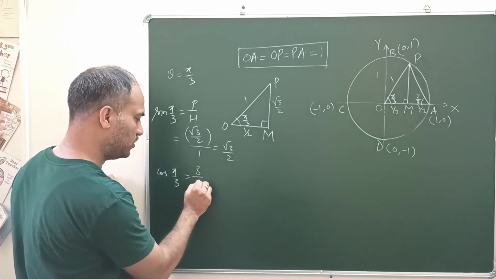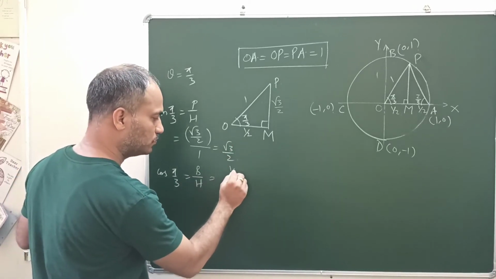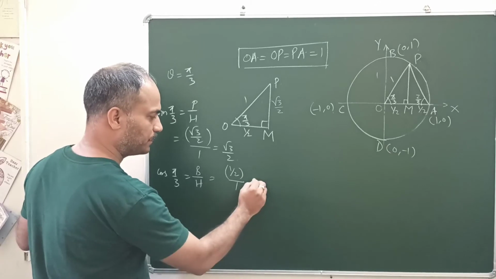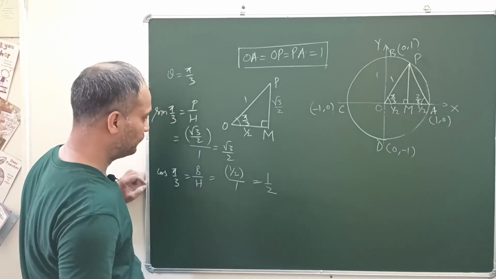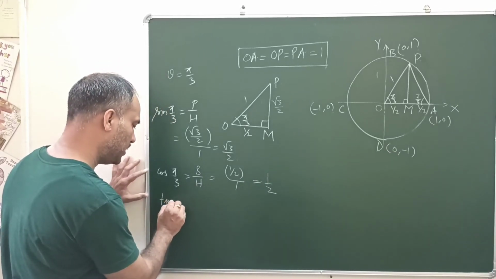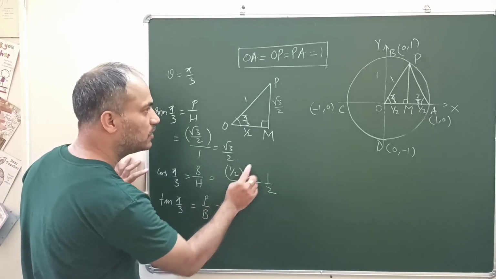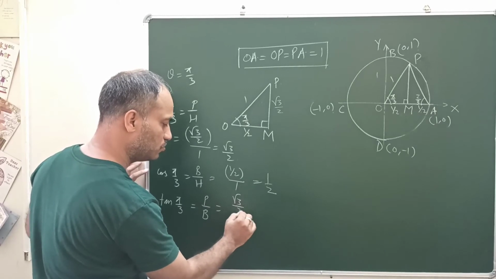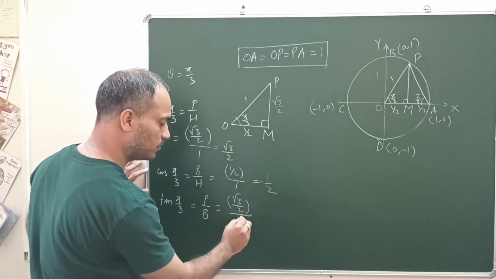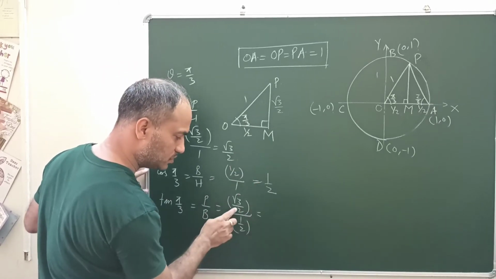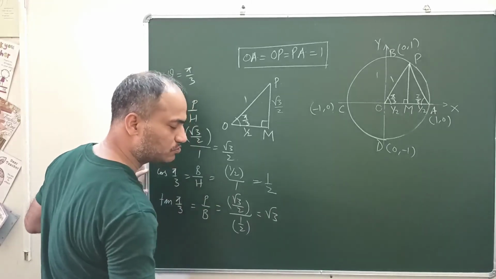This is base upon hypotenuse. Base is 1 upon 2. Hypotenuse is 1. So the value is half. Then we talk about tan pi upon 3. This is perpendicular upon base. Perpendicular is root 3 by 2 and base is 1 upon 2. When we divide, 2 cancels, so it becomes root 3.